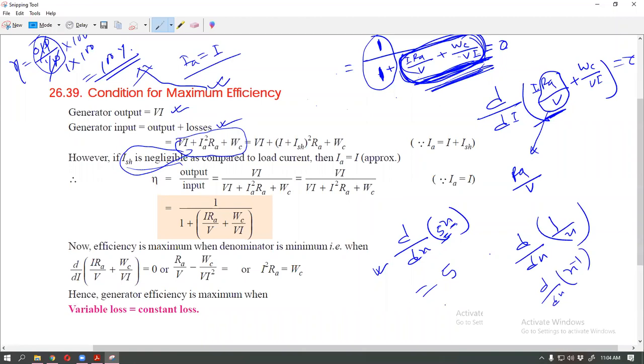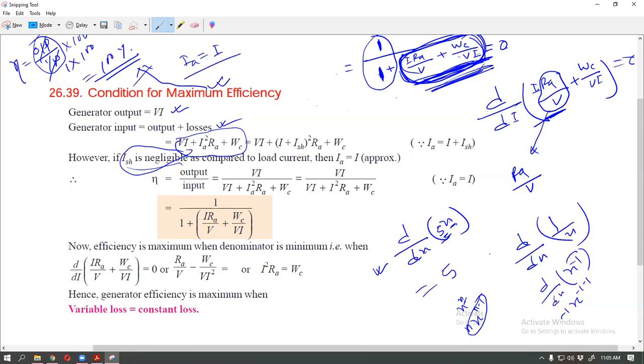This formula, you know that d by dx of x to the power n is equal to n, at first this n value, then x to the power n minus 1. This is the main formula. This n is the front part, then x to the power n minus 1. This is the differentiation formula. So here n is minus 1: minus 1 times x to the power minus 1 minus 1.